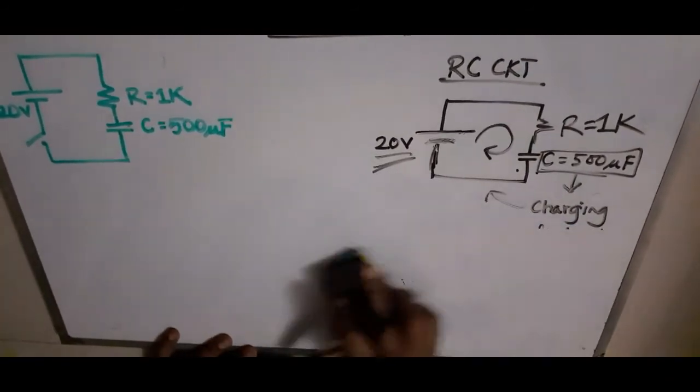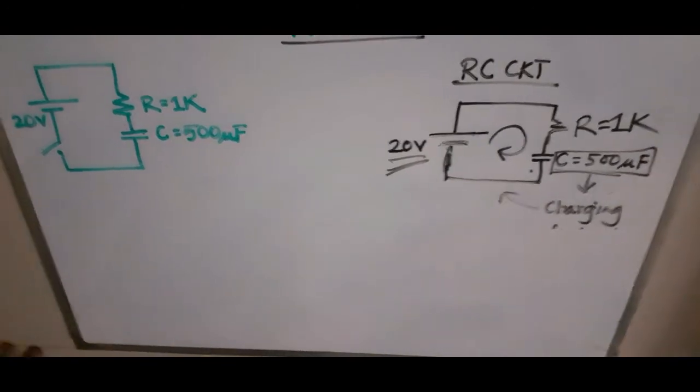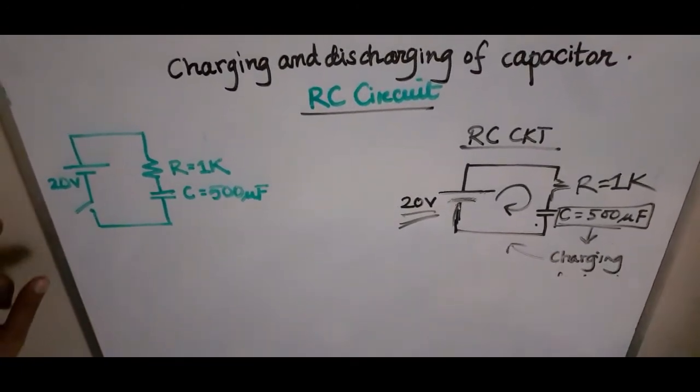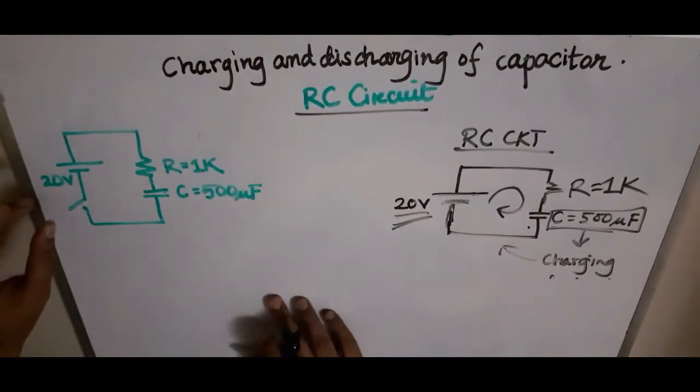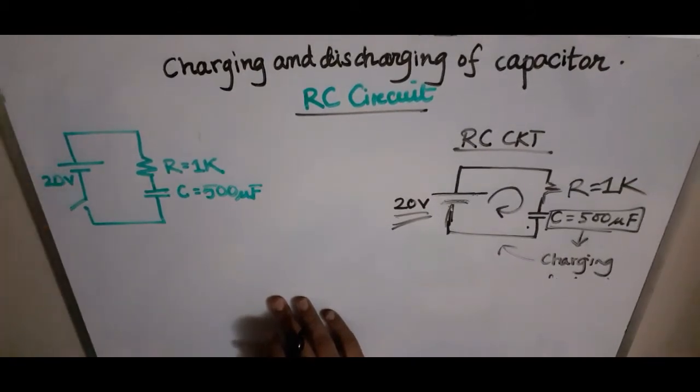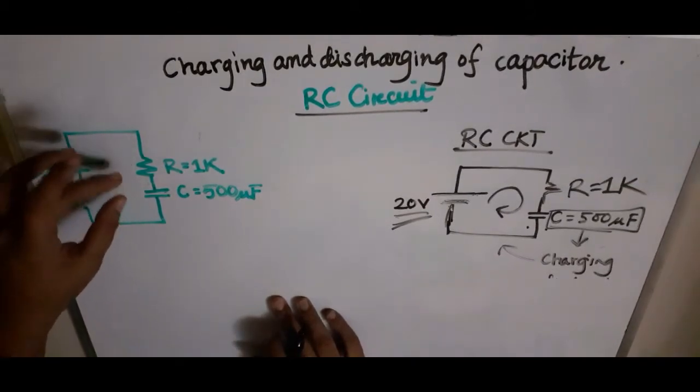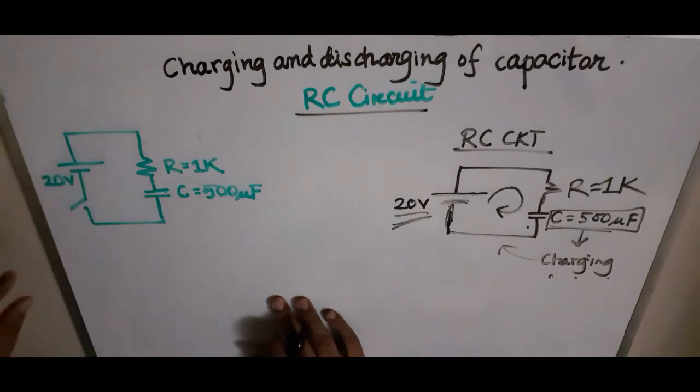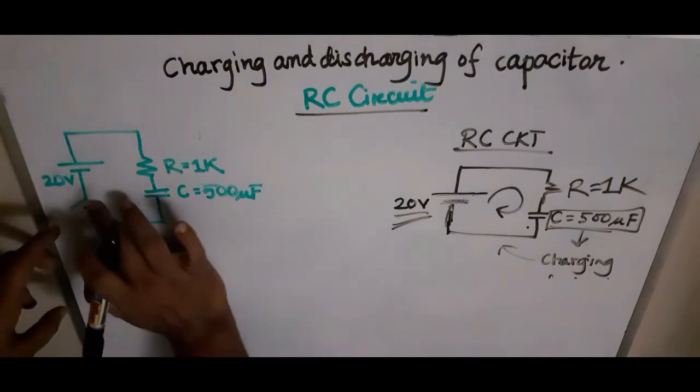So let's now move into the charging phase. Let's talk about this circuit. Here, as you can see, this 20-volt battery is connected to a resistor and then to a capacitor. We have a switch over here.